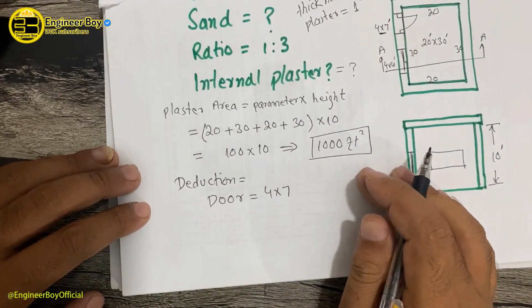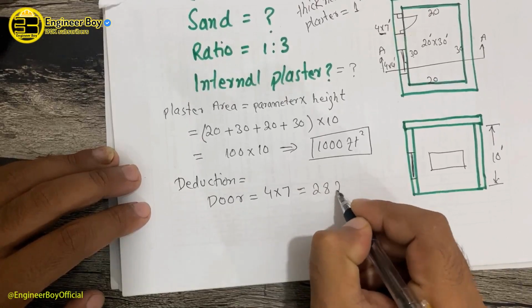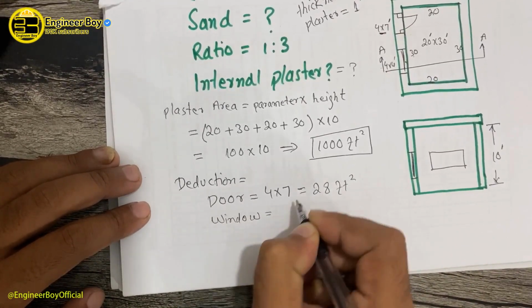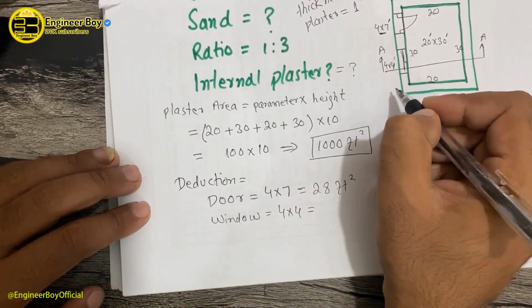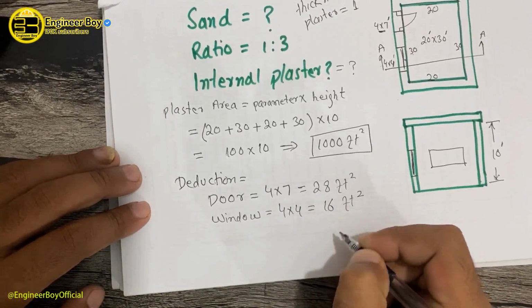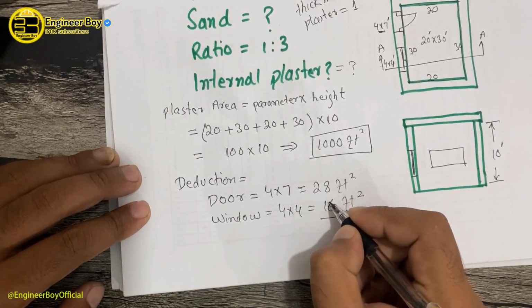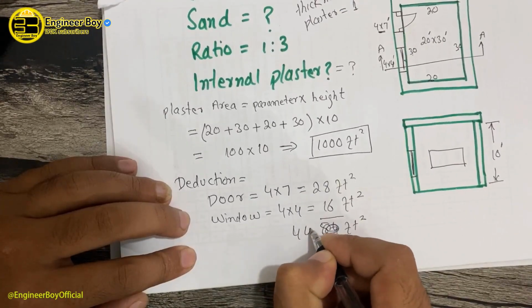So that's 28 square feet. And then we have the window, which is 4 times 4, given over here, and that's 16 square feet. So the total deduction, if we add these two deductions, is 44.